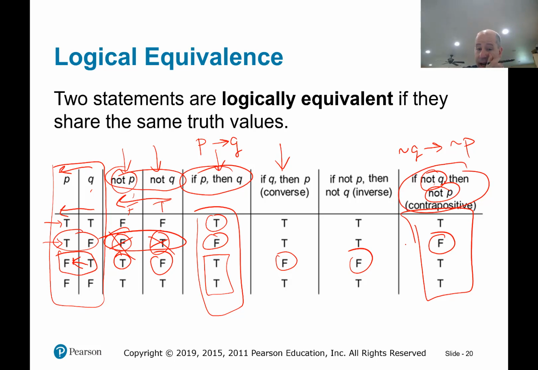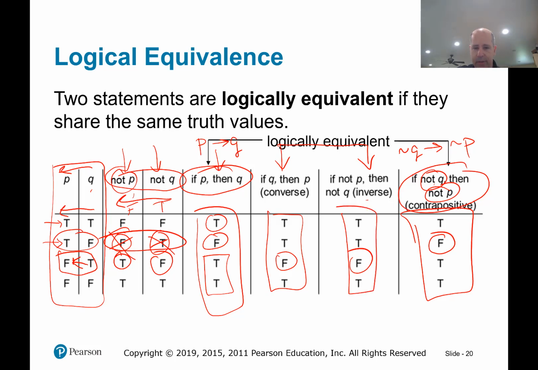Those two are logically equivalent then. And also, by the way, look at these two. The converse and the inverse. They also have the same truth values going down the table. Those are logically equivalent statements.